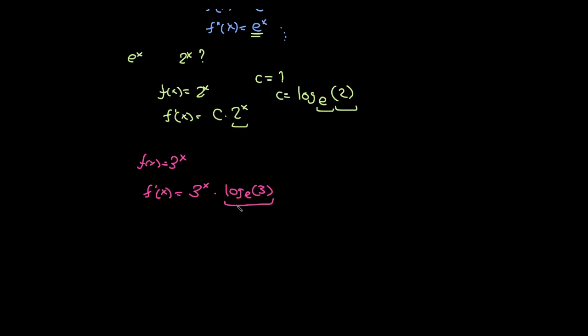This logarithm is most often denoted as ln, or natural logarithm. So then you just say ln of 3, like that. So more generally, if you have an exponential function a to the x and you want to find its derivative, you multiply by ln of a, and then just the original function.